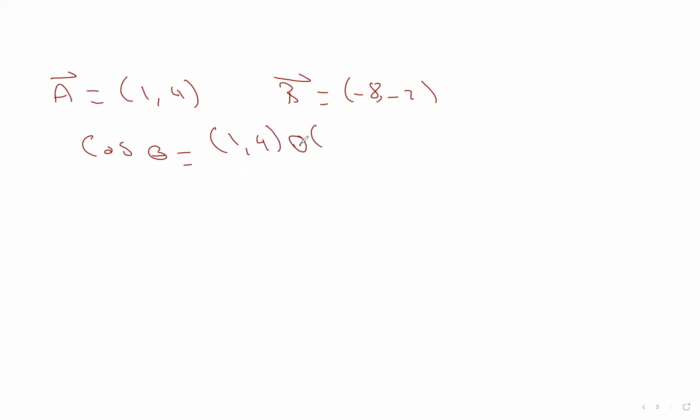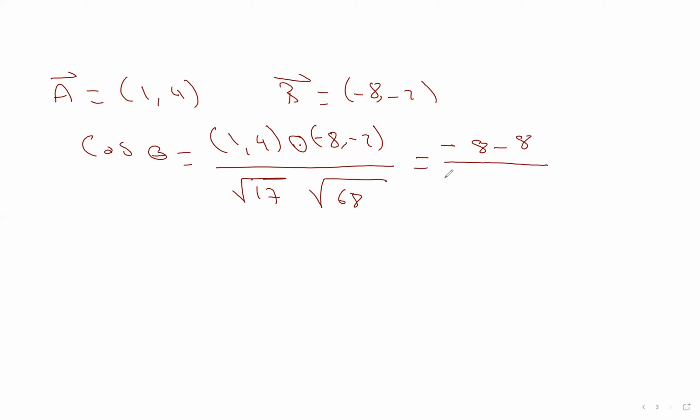If A equals (1, 4) and B equals (-8, -2), find cosine theta. It will be (1, 4) dot (-8, -2) divided by root 17 and the square root of 64 plus 4, which is 68. 1 times -8 is -8, minus 8 divided by root 17, and this is 2 root 17, sorry.